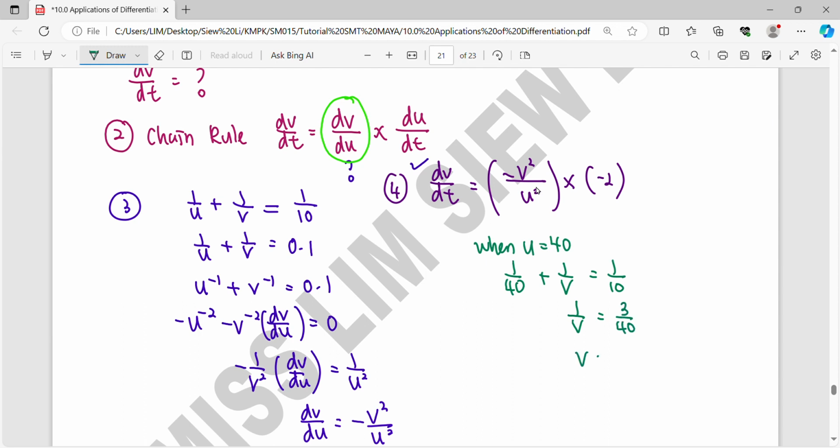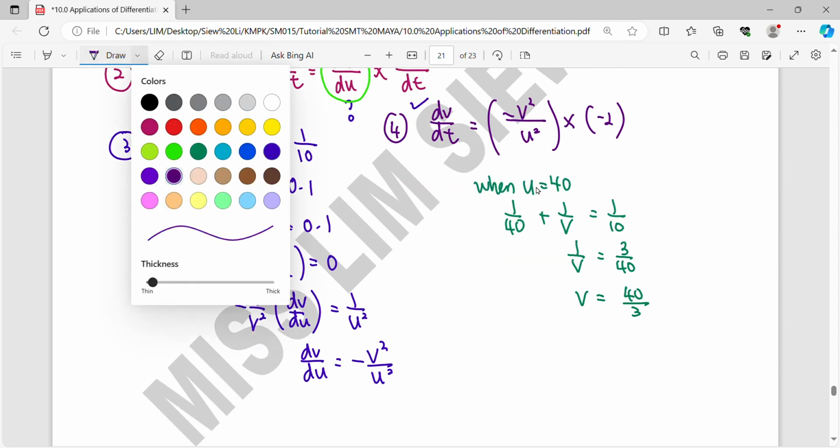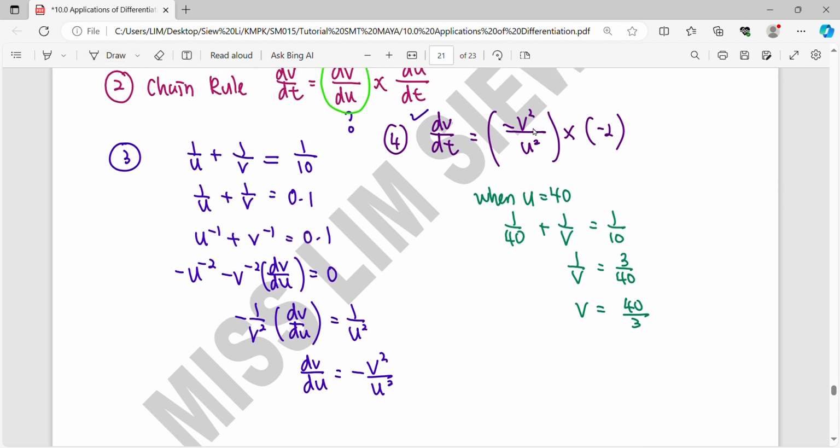So inverting it, v is 40 over 3. Then lastly, we substitute back into our differential equation, or chain rule, here.